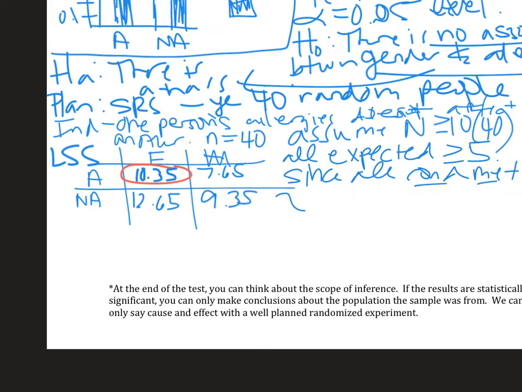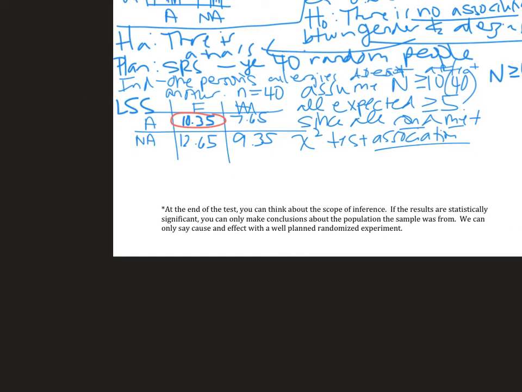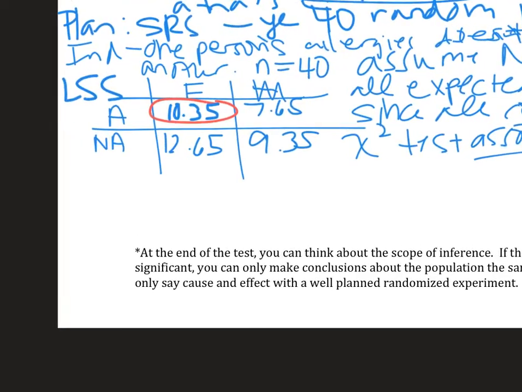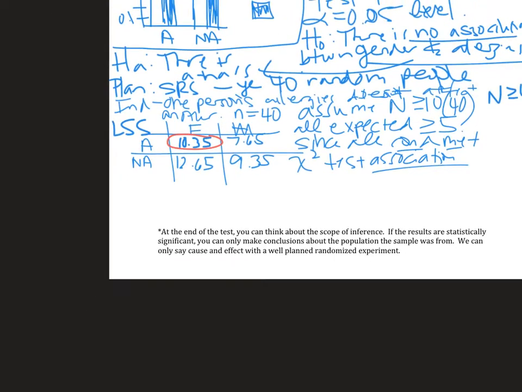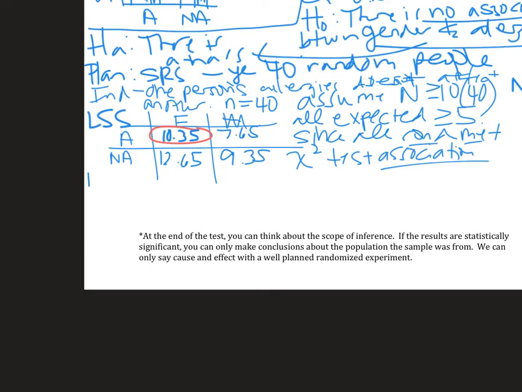we will do a chi-squared test for association. You could say independence test, but make sure that you say one of them at least, association or independence. Okay, so here's the do. Sorry if you didn't get that. So we're going to go chi-squared, and it's going to be exactly the same one.